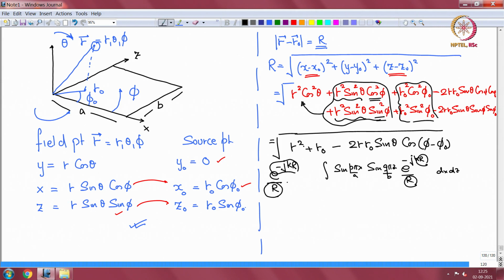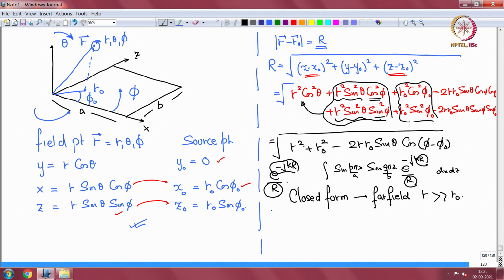Okay, so in order to find a closed form answer, we do what is called a far field approximation. That means my r is much greater than r0. r0 lies on the plate and r is the receiver, so r is much greater than r0. If we do that, I'm sorry, this should be square.